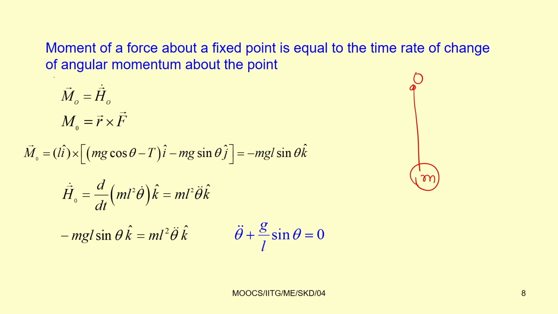That is, M0 equal to H0 dot, or d by dt of H0.